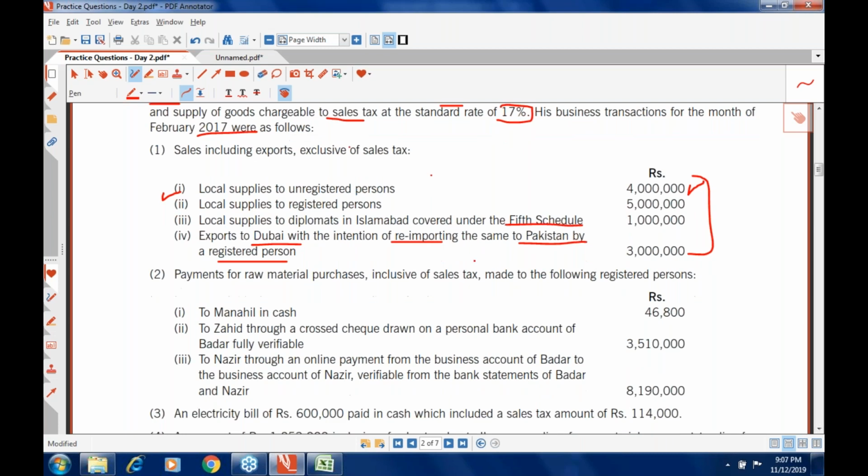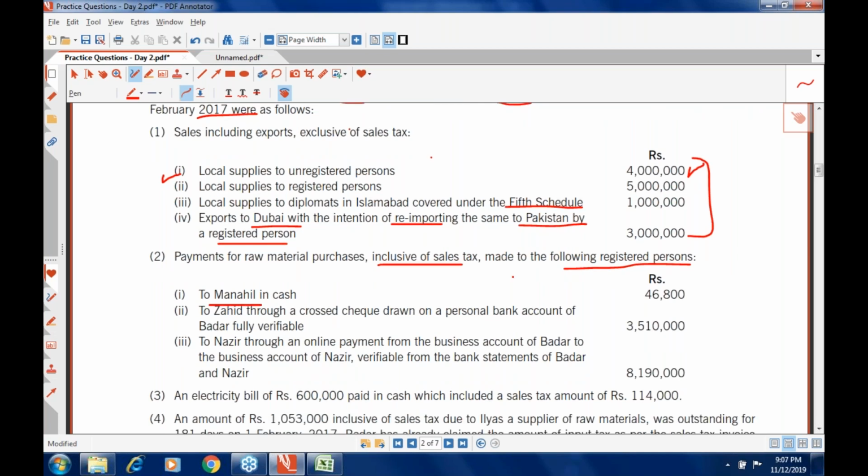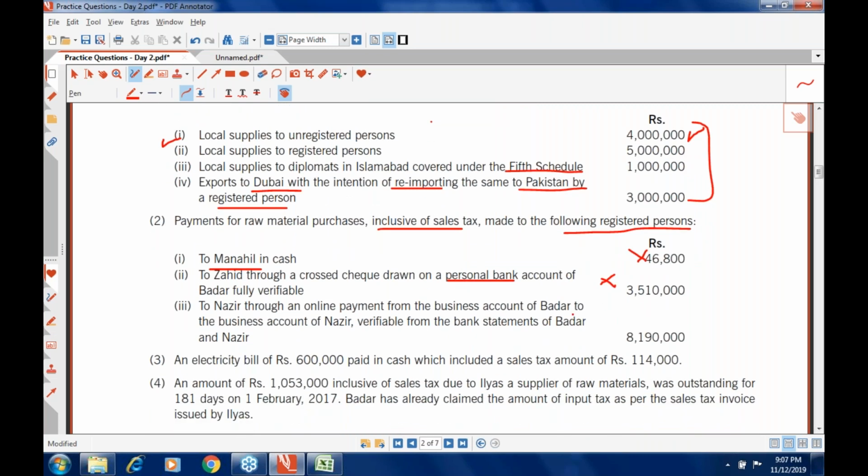Now the next situation is payments for raw material purchases, inclusive of sales tax. The purchase values, inclusive of tax, were made to the following registered persons. To Manahil in cash, so the cash payment will be disallowed. To Zahid through a crossed cheque drawn on a personal bank account of Badar, fully verifiable, unfortunately this will also be disallowed.